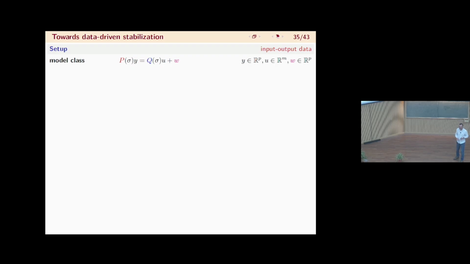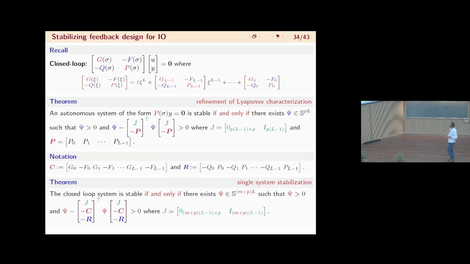Yes? The previous slide, without data case, no data. How do you normally solve this equation? Again, you make a Schur complement trick to get rid of this. Yes, but it is the same as in state space, for instance.